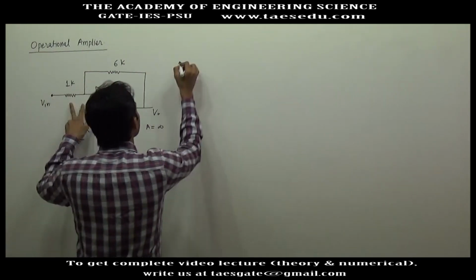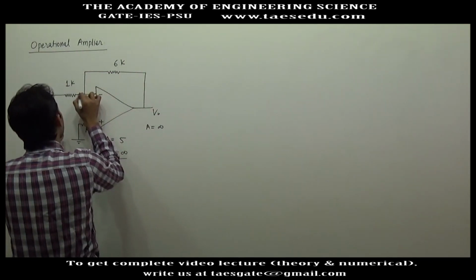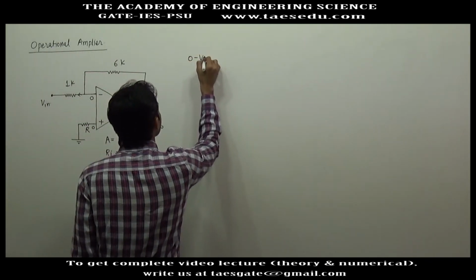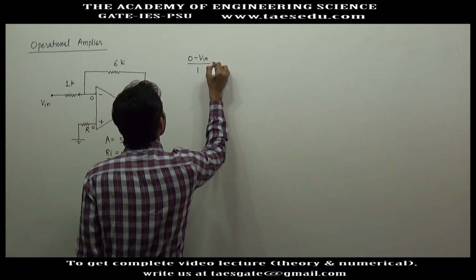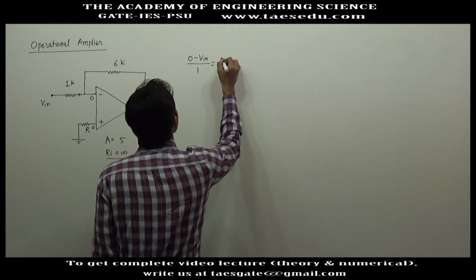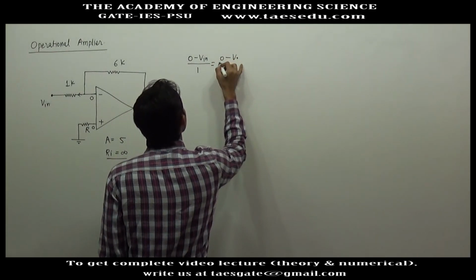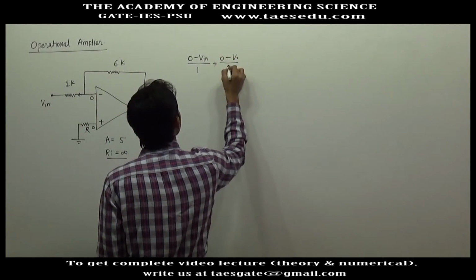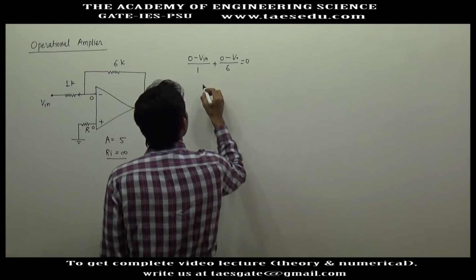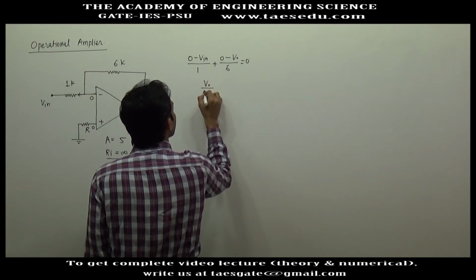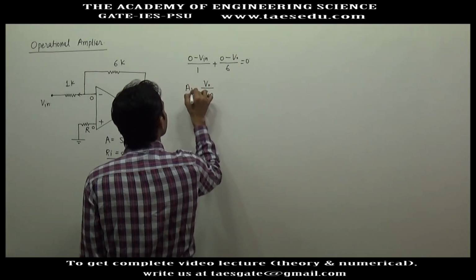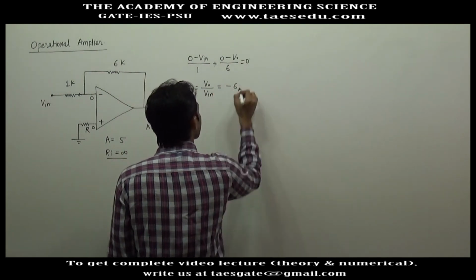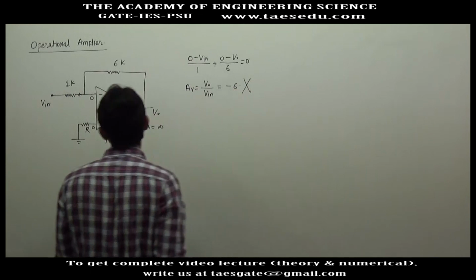Now if you calculate, this current plus this current will be 0. 0 minus V input divided by 1 plus 0 minus V0 divided by 6 equal to 0, and in this case you will get output divided by V input, which is the voltage gain of the system, as minus 6, which is not correct.